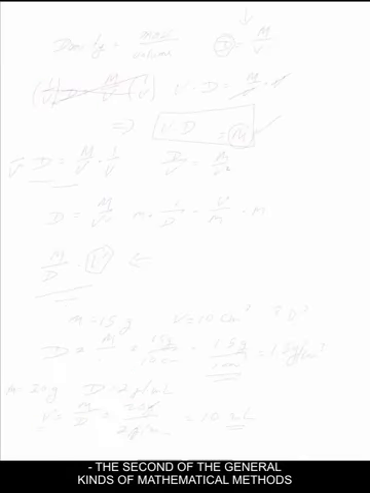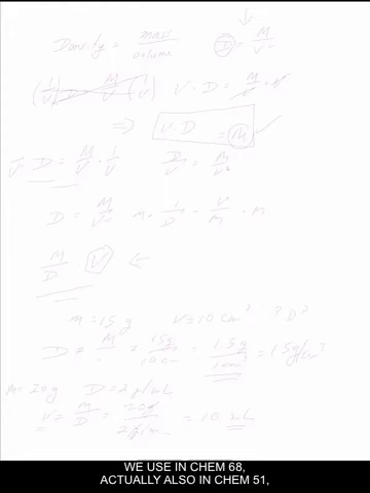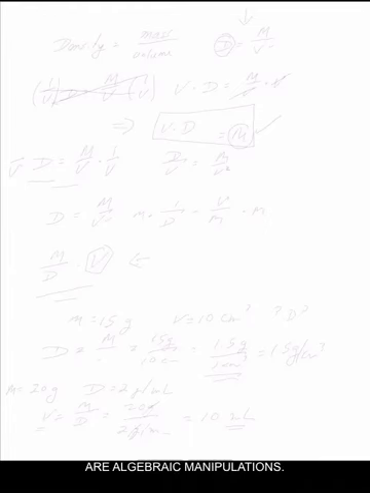The second of the general kinds of mathematical methods we use in Chem 68, actually also in Chem 51, are algebraic manipulations. A very simple example of that is a definition we will be talking about later for density.